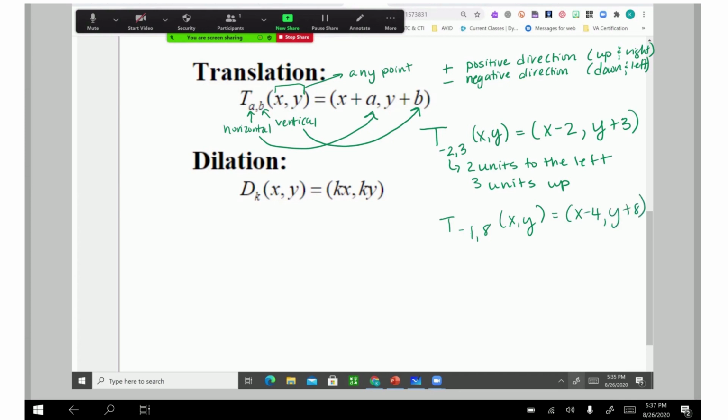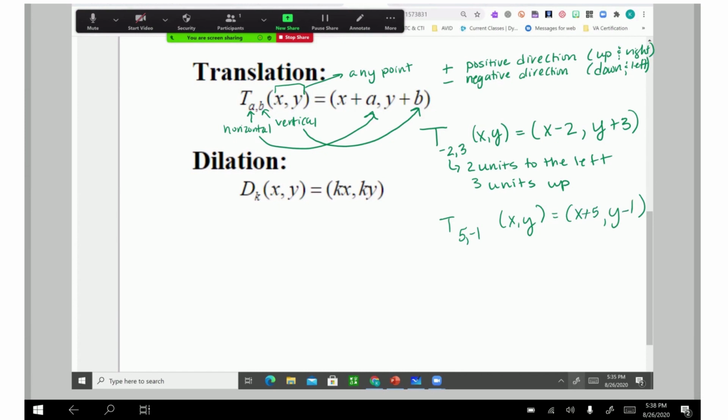Say you wanted +5, -1. Then you would say T(5, -1) and you would say (x plus 5, y minus 1). And you would just make your rule.